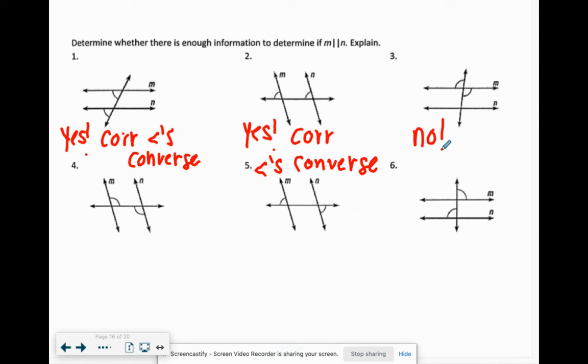Okay, number 4, what kind of angles are these guys? Yep, alternate interior. Alternate exterior, yep, and it'll show lines are parallel, so yes.